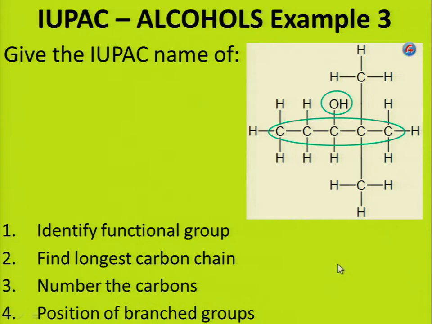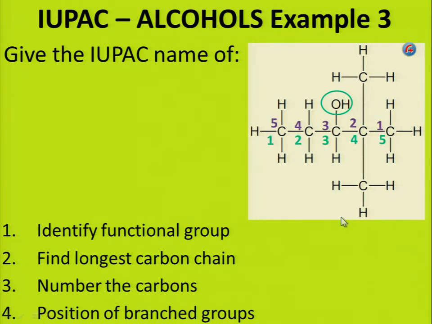Now for the name. The first step is to identify your functional group. You see an OH group, so therefore you know this is an alcohol. Then you find your longest carbon chain. No matter which way you count, you get to 5 carbons. And then you number them. 1, 2, 3, 4, 5, and from the other side, 1, 2, 3, 4, 5. Now the OH group is always at carbon 3 in this case.